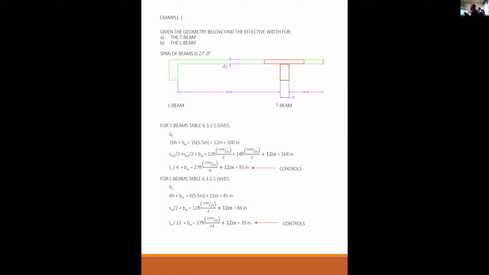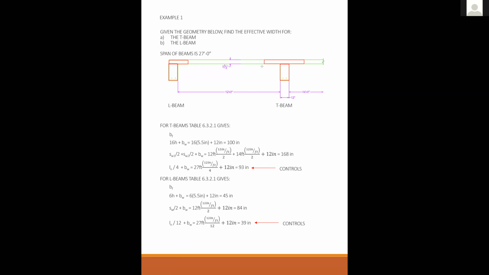Everything outside of the red rectangles does not exist for the design of that beam. So the width of this rectangle is 93 inches. And over here, the width of this rectangle is 39 inches. And everything outside of these red rectangles doesn't exist.